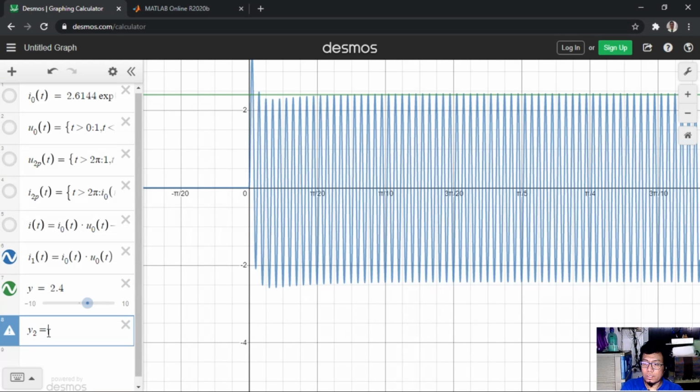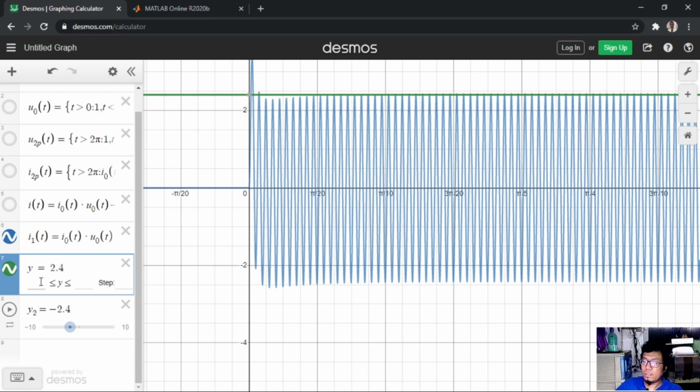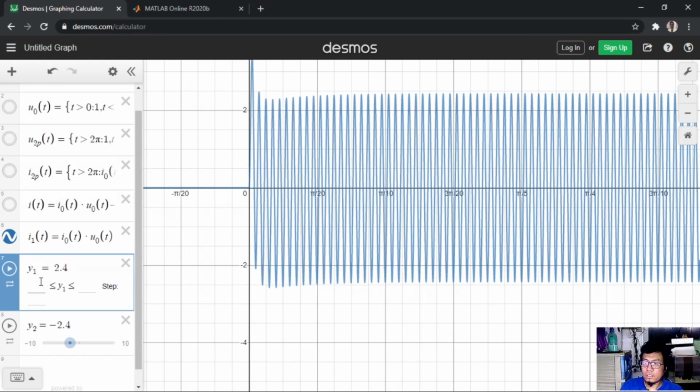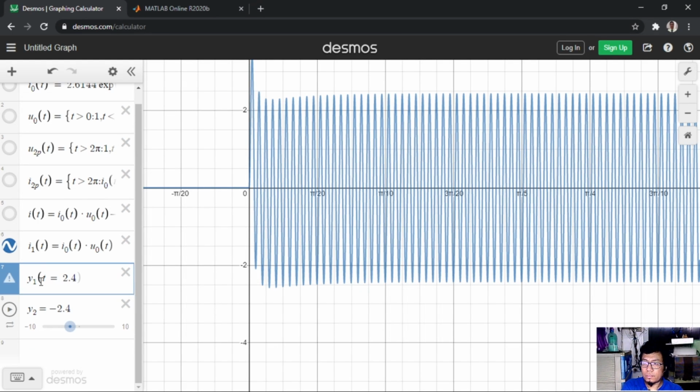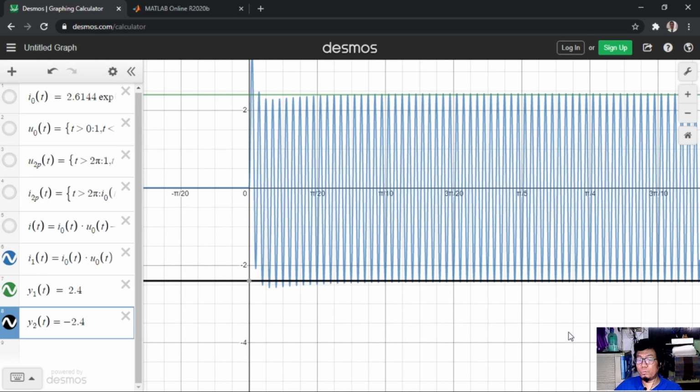Y2 equals negative 2.4. This is y1 of t, and this is y2 of t. So those are the upper and the lower limits.